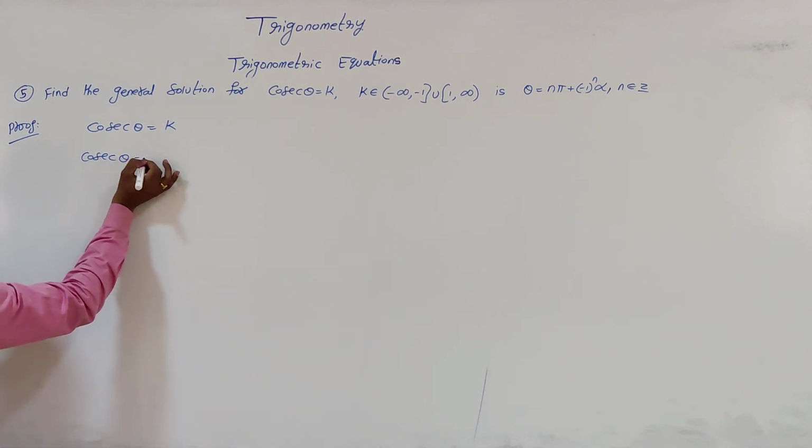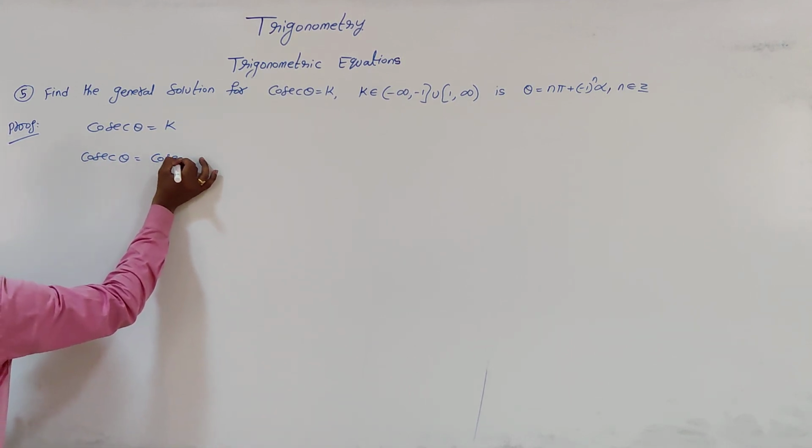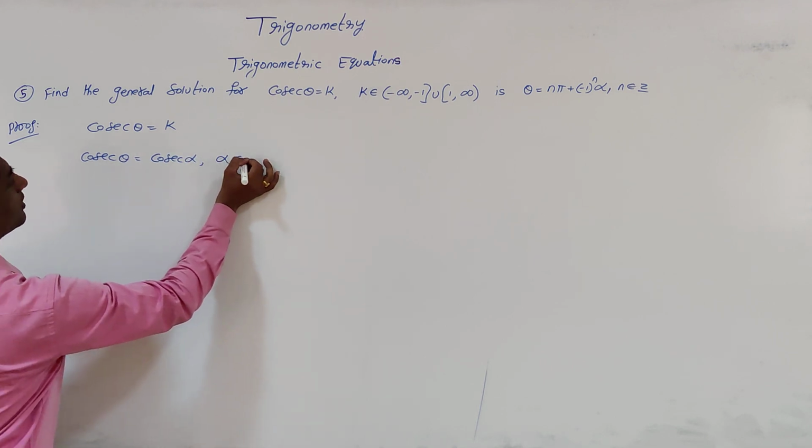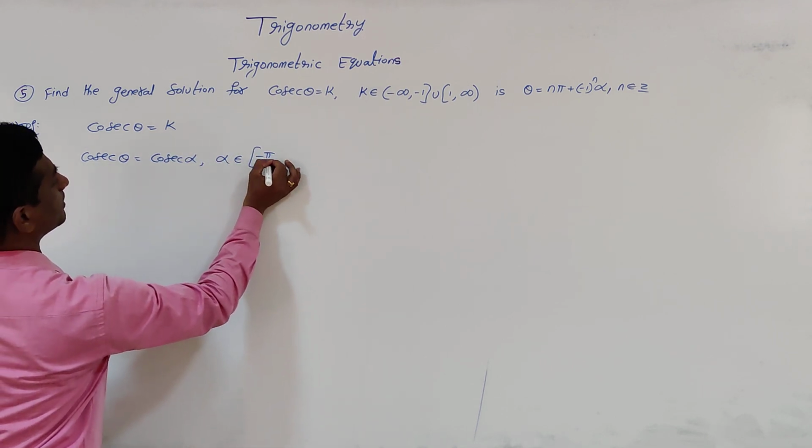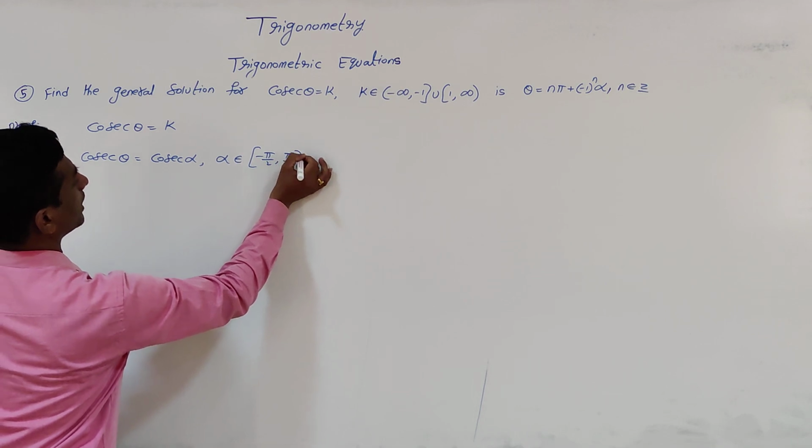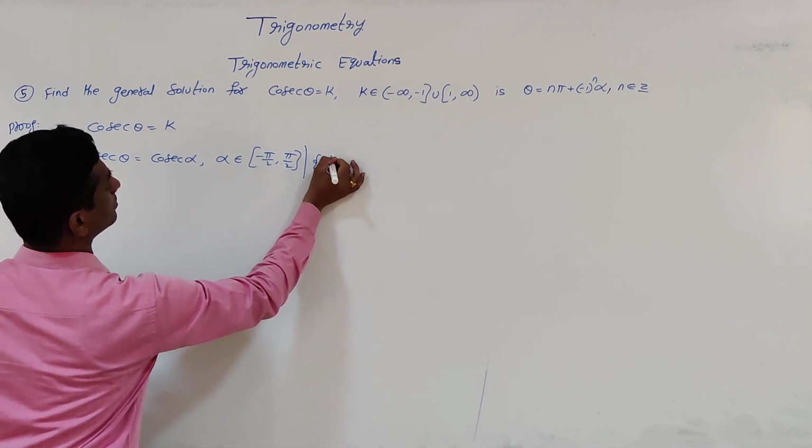Cosecant theta is equal to cosecant alpha, where alpha belongs to the closed interval minus pi by 2 comma pi by 2 except 0.